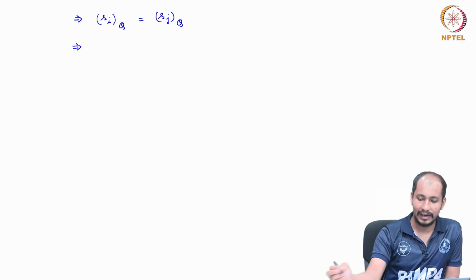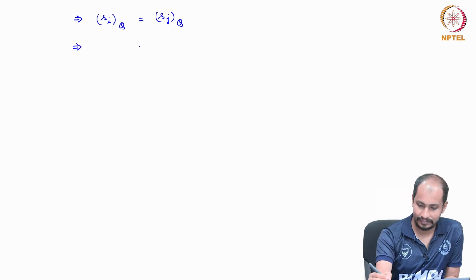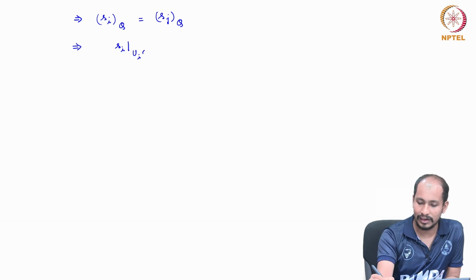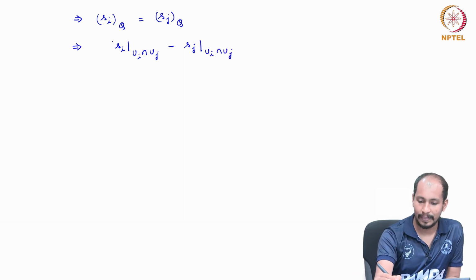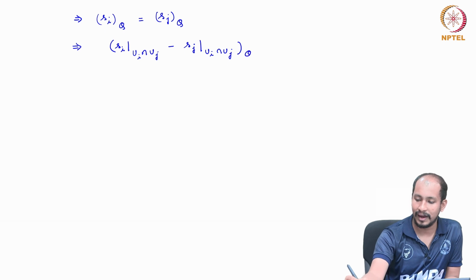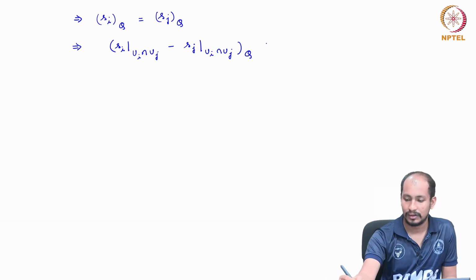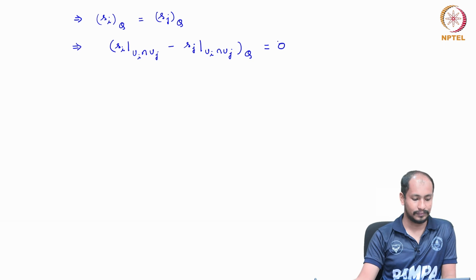Now, this says that si restricted to ui intersection uj minus sj restricted to ui intersection uj, this section, if I take the germ at q, will be equal to 0.